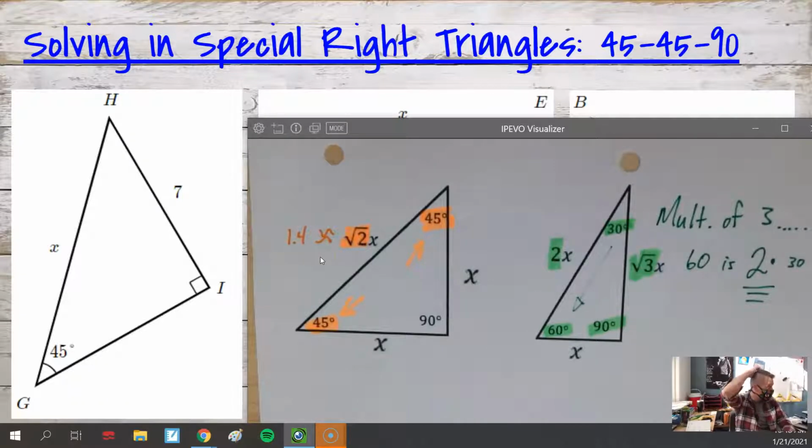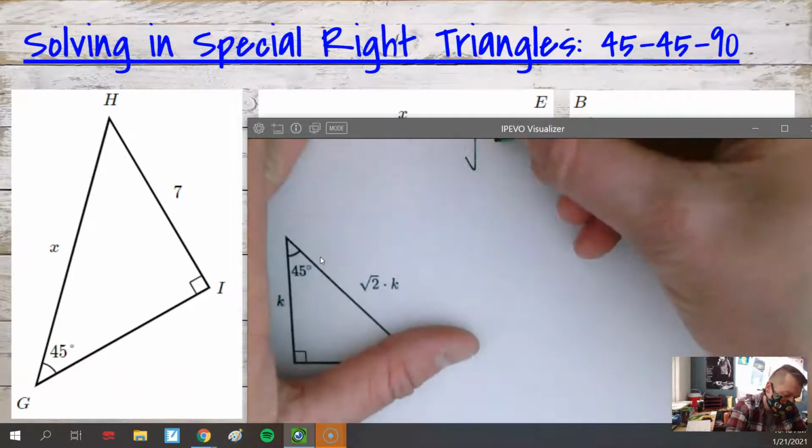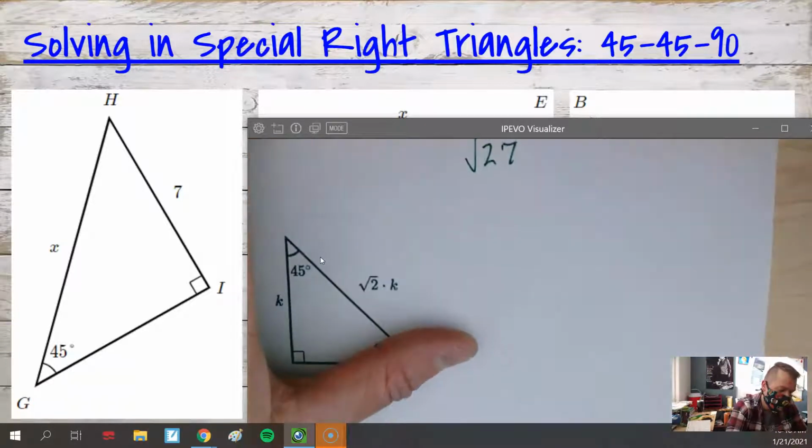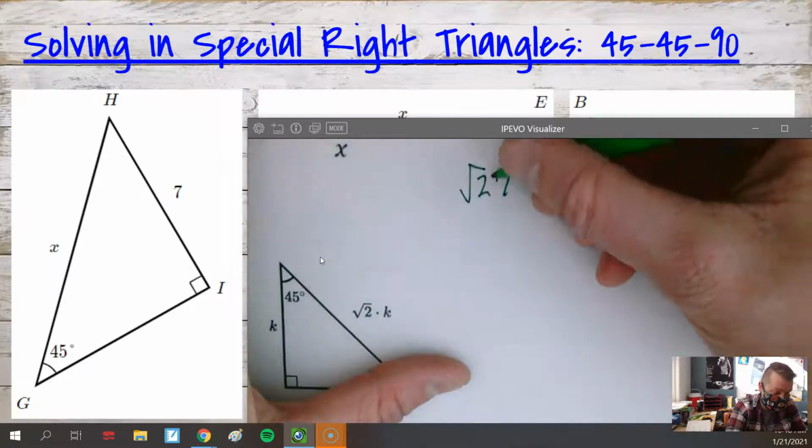And that's the implicit multiplication, so we don't have to put the dot. If you write radical 2 times 7, I would put those things in parentheses, because radical 2 times 7 very quickly can look like radical 27, which this is not.